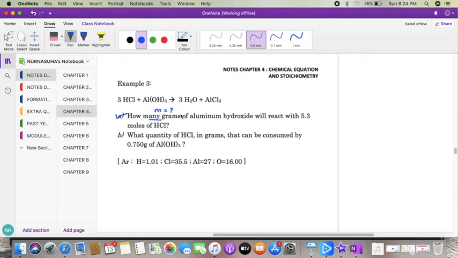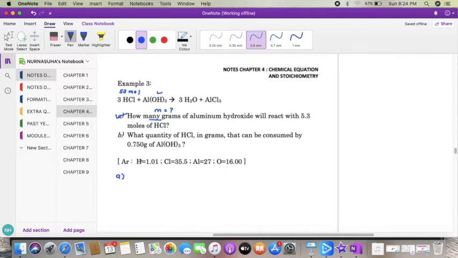What is the mass of aluminium hydroxide that will react with 5.3 mole of HCl? So, the question is very straightforward. Dia tanya awak berapa banyak mass of aluminium hydroxide yang diperlukan untuk bertindak balas dengan 5.3 mole of HCl.